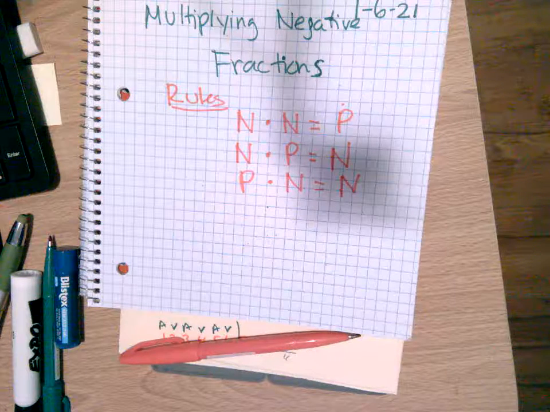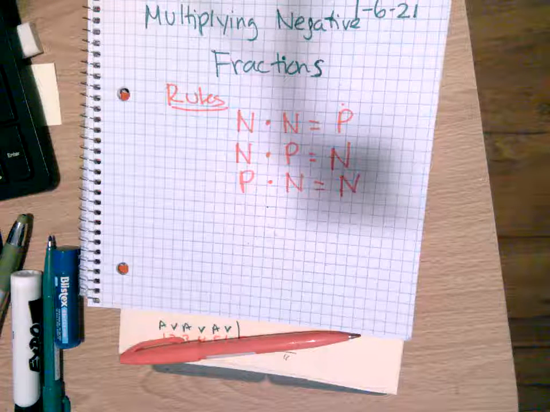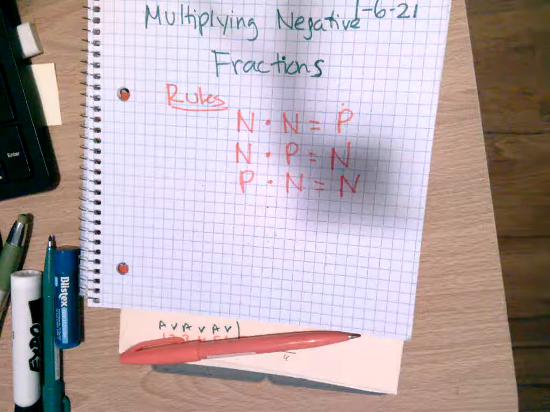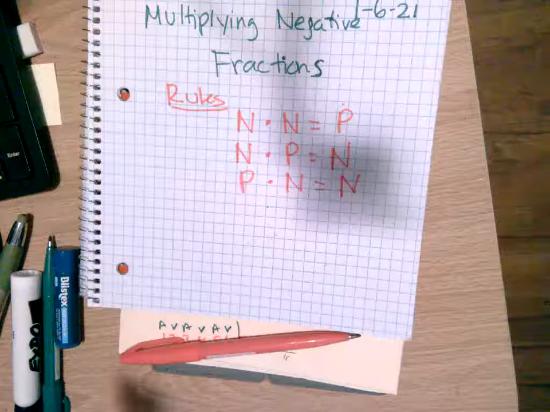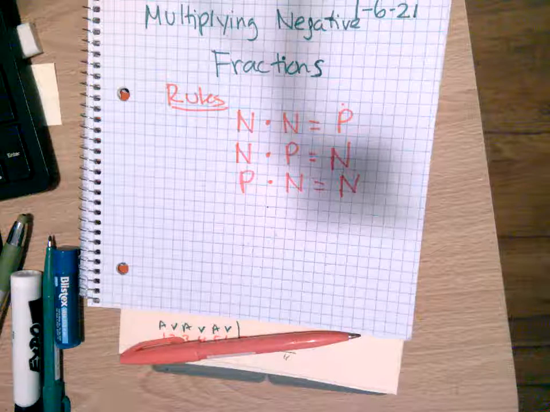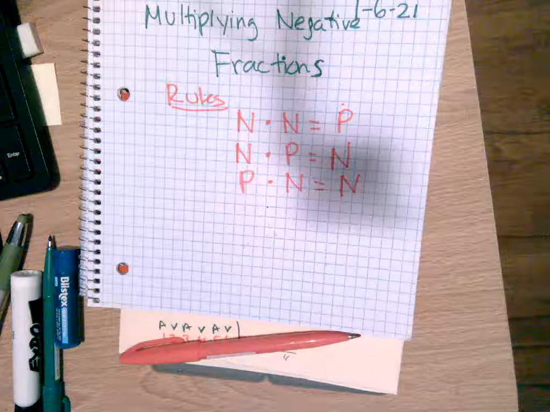Yeah, it's very different with the adding. That's one part about math that makes it a little bit difficult. We have rules for everything and everything has a different rule. You're thinking, but wait, it's just adding and multiplying, they're not very different. But they are very different and they have very different rules.